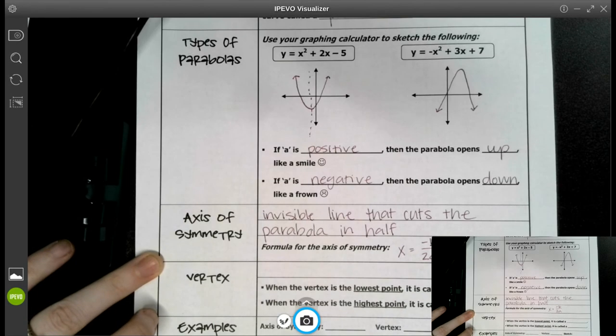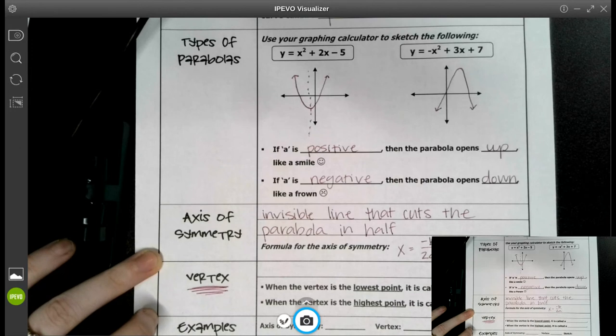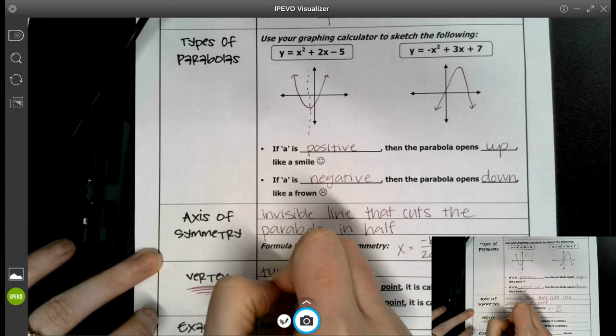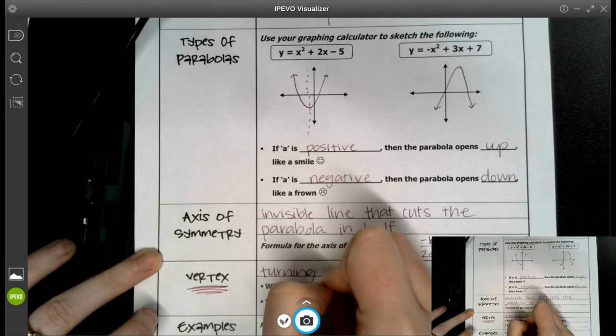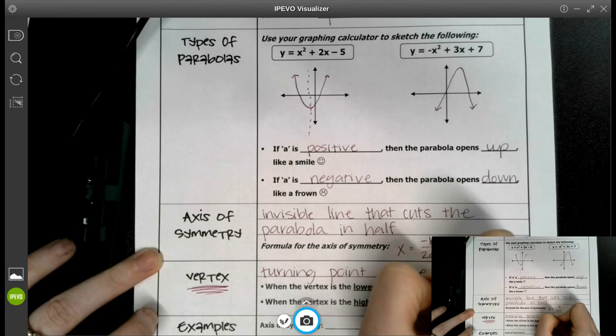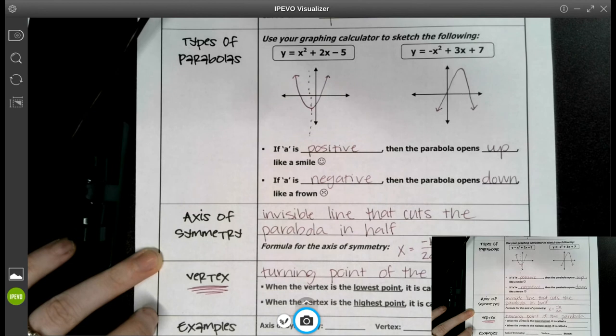If you don't know this word from the video we just watched, vertex is like the important thing about a quadratic function because it is the turning point of the parabola. That's like the key point that we need to be able to find, the vertex, okay?